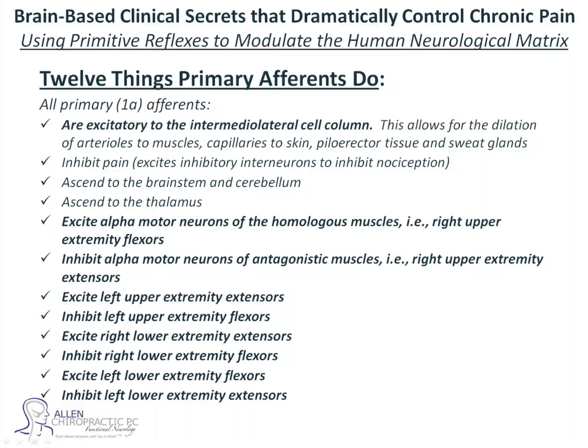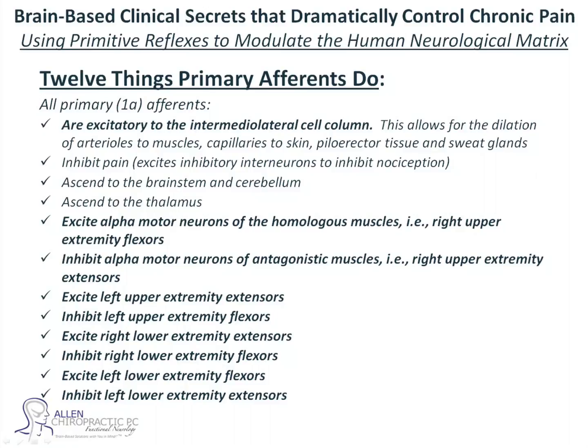Every time a primary afferent, or a 1A afferent, enters the spinal cord, there's 12 things that happen. The first and primary thing is that all 1A afferents are excitatory to the intermediate lateral cell column. This allows for the dilation of the arterioles to muscles, capillaries to skin, piloerector tissue, and sweat glands. The next thing to happen is the inhibition of pain, or the excitation of inhibitory interneurons to inhibit nociception.